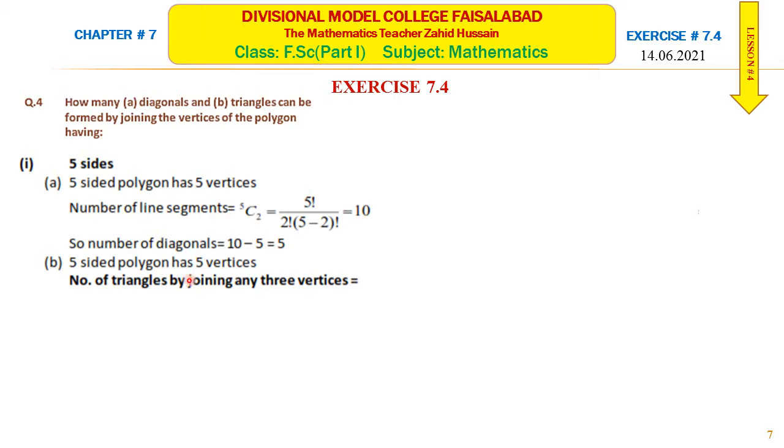So the number of triangles by joining any 3 vertices is equal to 5C3, because to form a triangle we will have to join 3 out of 5. So 5C3 is equal to 5 factorial over 3 factorial into 5 minus 3 factorial. Simplifying this, we get 10. So there are 10 triangles in a 5-sided polygon.